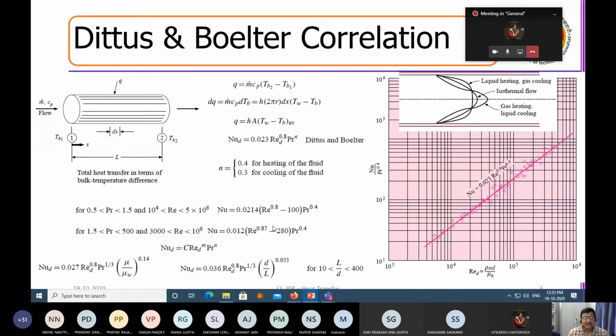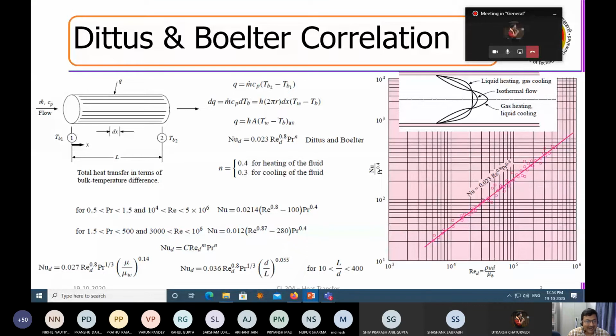So an array of work has been done. Say there is a pipe flow. You may see that for this Prandtl number and this Reynolds number, it varies like that. You get a correlation, which is Nu_D equal to C into Re_D to the power m, Pr to the power n. So this became the workhorse for engineering. And today also, say for turbulent flow, this is still the workhorse.